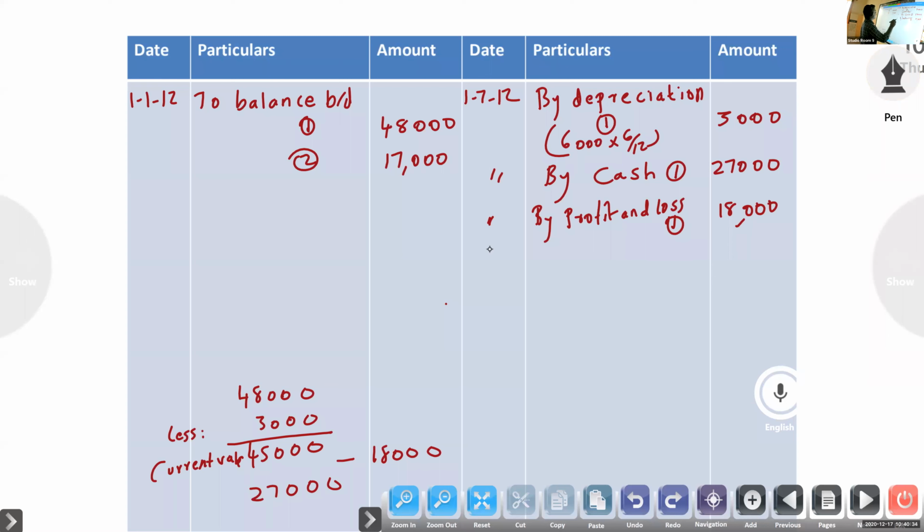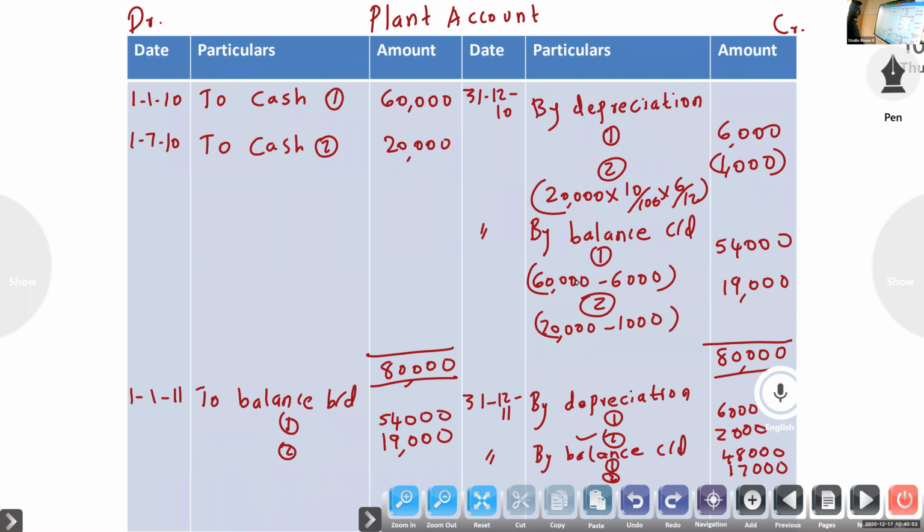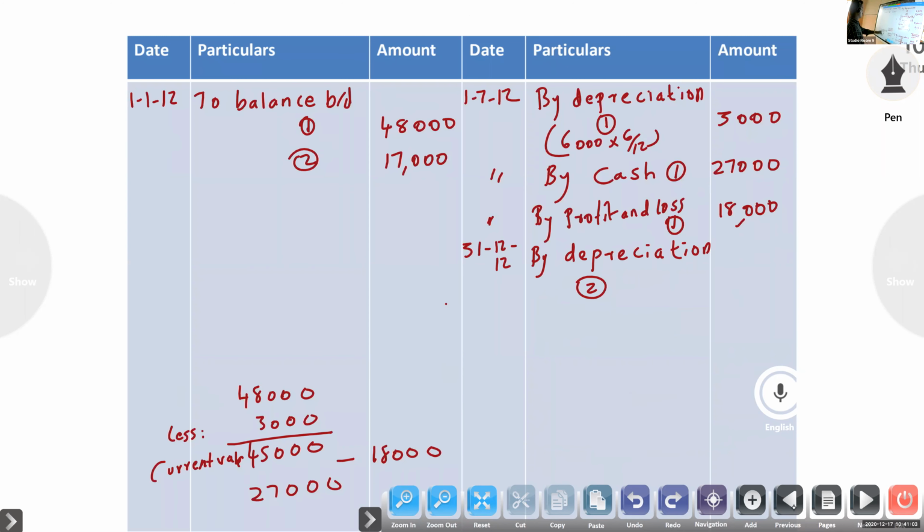Then closing date 31st December 2012, by depreciation 2. Only 2 is there. So second one depreciation, last year which one we wrote, 2,000, that is the full amount only. So first year only the amount changes, then next year onwards you have to look at original cost: second one 20,000, 10%, that only you have to look at.